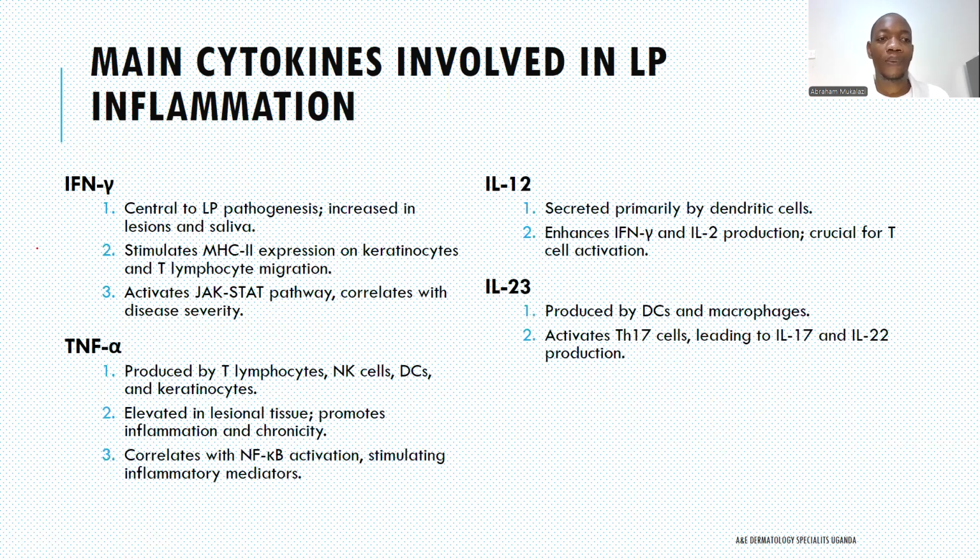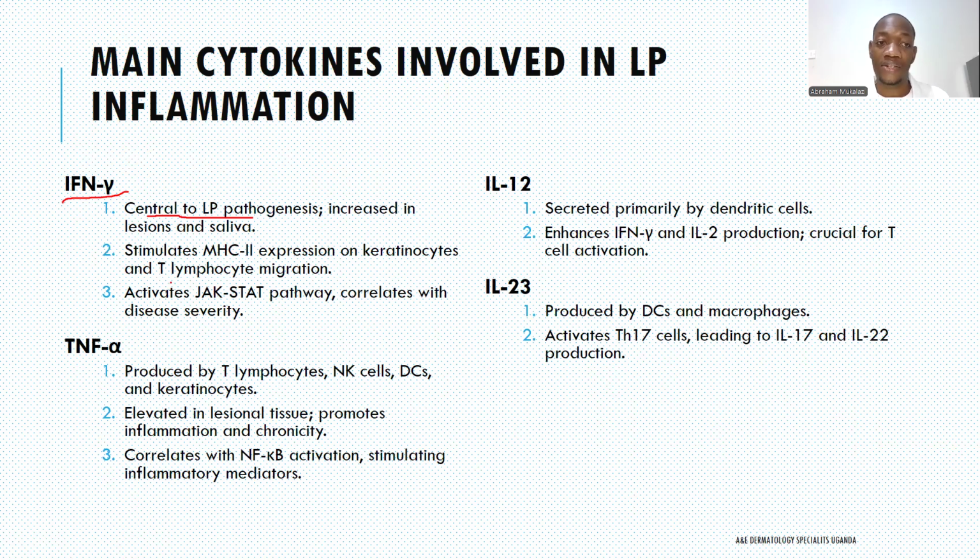If you are to go through one chemokine or cytokine at a time to see the major roles that they play, this is how you could write about it. Starting with interferon gamma. This is one of the most important cytokines in the initiation, progression, and prognosis of lichen planus.